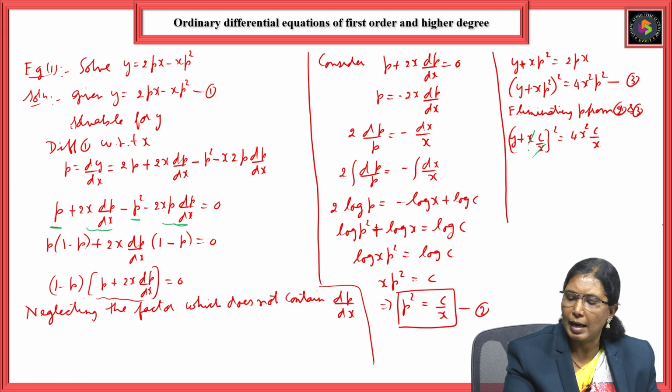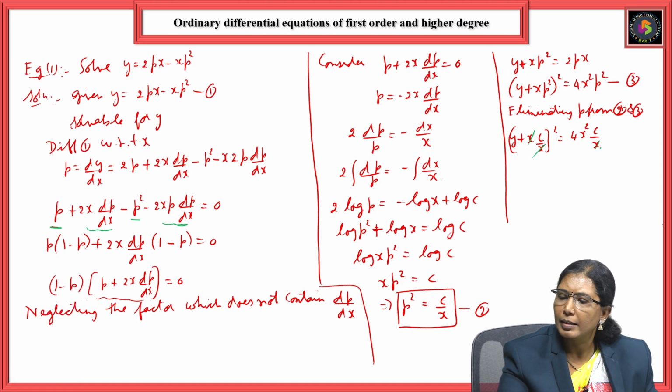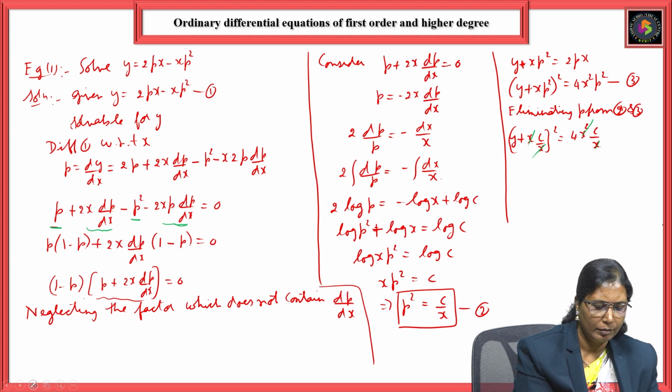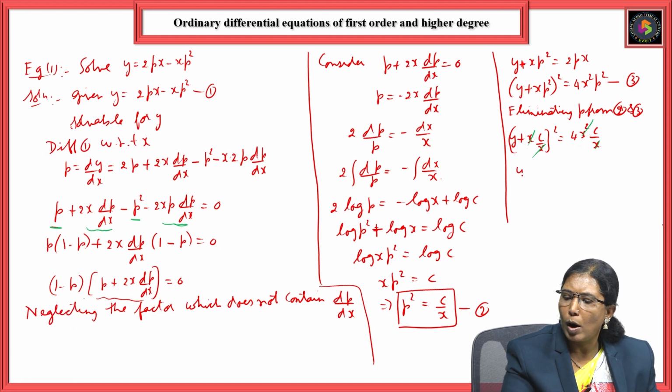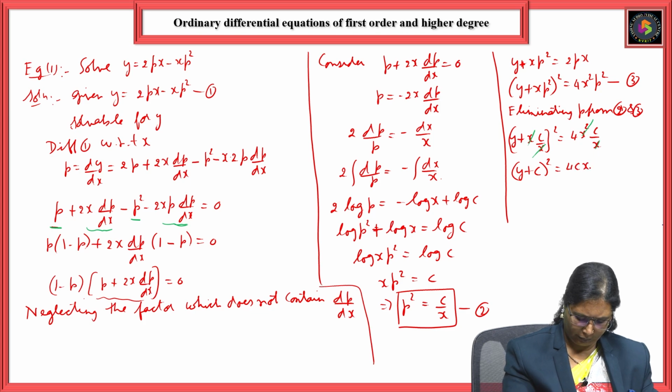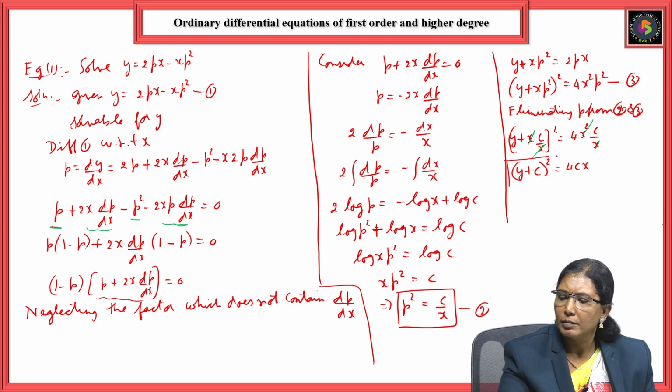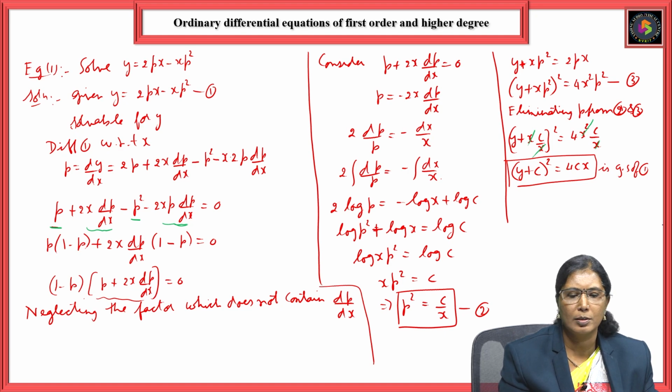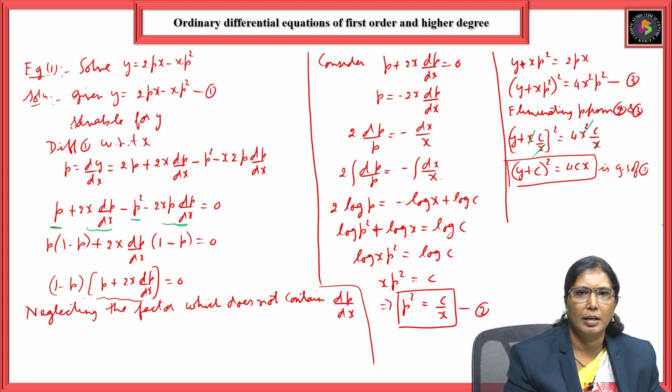One x gets cancelled here. What do you get here? The answer is y plus c whole square is equal to 4cx. So this is the general solution of 1. This is how we solve the equation solvable for y. Okay. So now we'll go to case 3, that is the equation solvable for x.